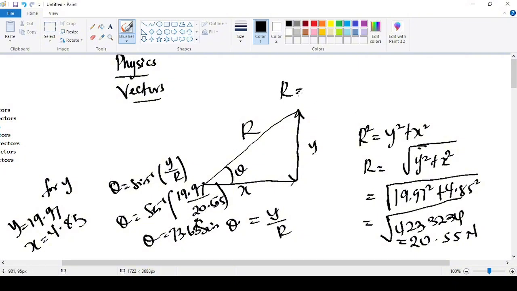So R will be a single vector of 20.55 Newton acting at 73.63 degrees.